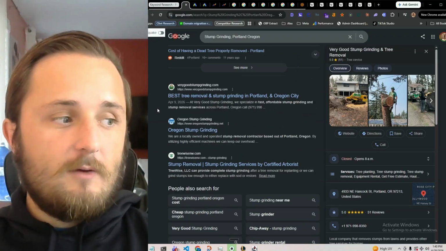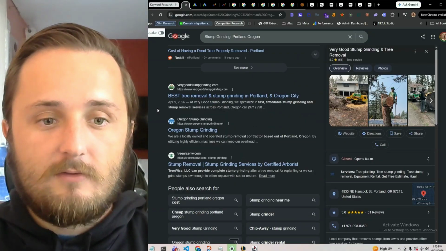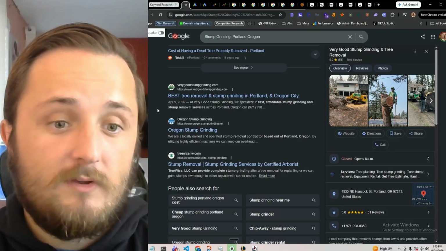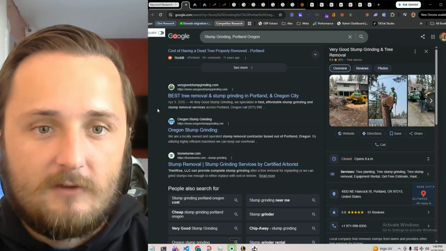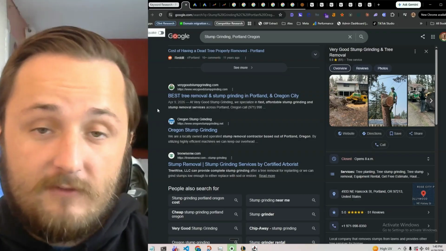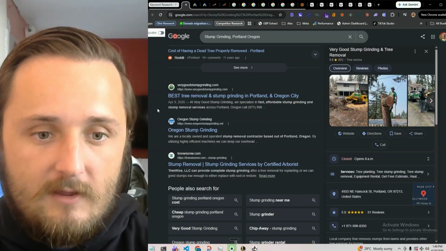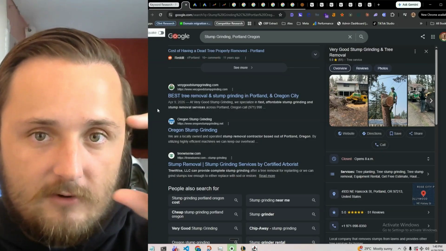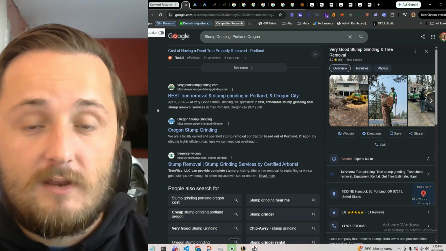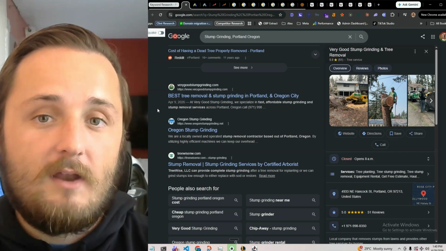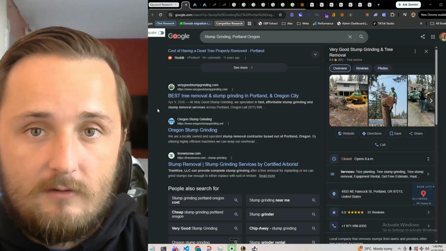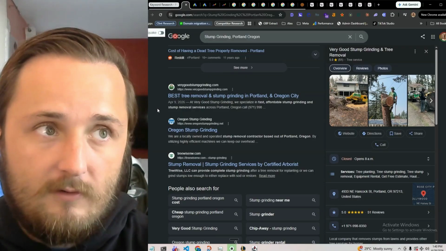Now, one thing I want to touch on with Oregon Stump Grinding is that they are doing an exact match domain. So anybody they're trying to service in Oregon, if they grind stumps, they are exactly targeting that search term. I recommend putting a keyword in your domain name, but I do not recommend putting the state or a geographic area.